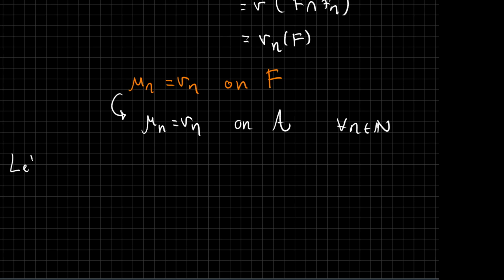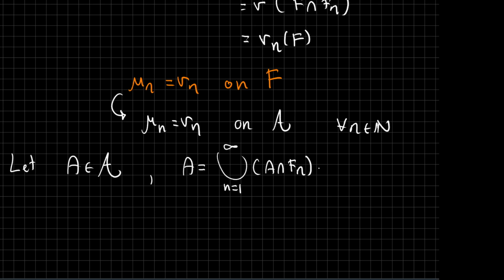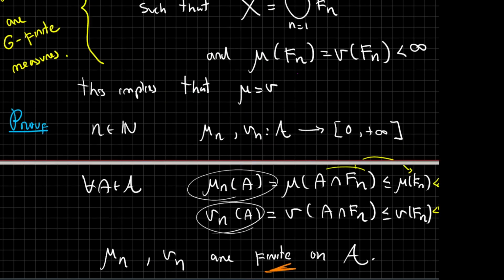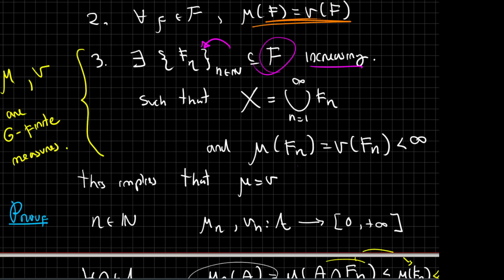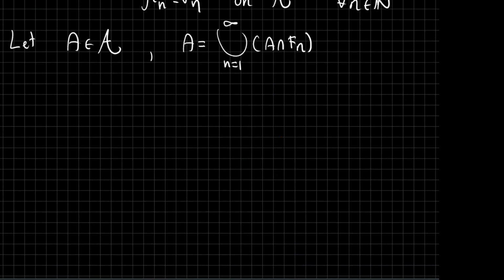So now let A be an element of the sigma algebra. We can write this as a countable union like this. This is the intersection with Fn. And why is that? Well, because the union of every Fn is equal to the whole space.